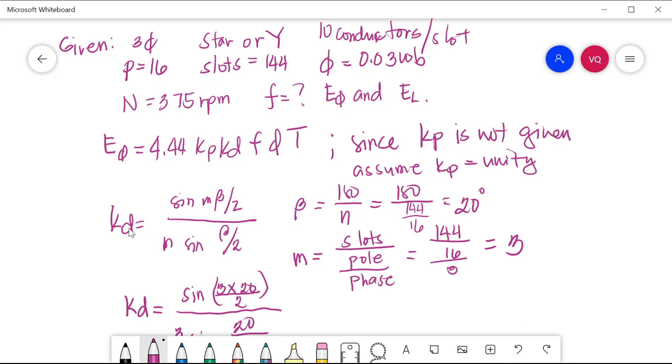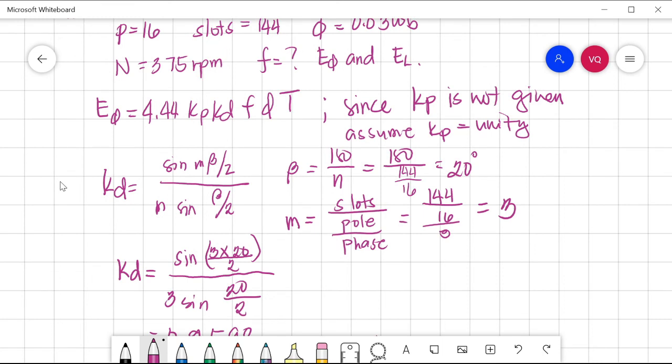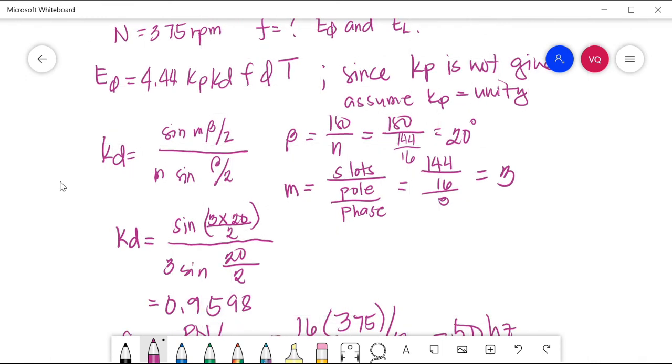We can solve the distribution factor: sine m beta over 2 divided by m sine beta over 2. Beta is equal to 180 degrees divided by slots per pole. So 180 divided by 144 slots over 16 poles, you will get 20 degrees electrical. M is equal to the slots per pole per phase.